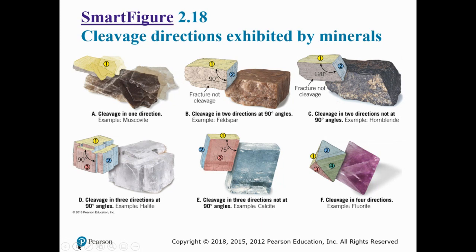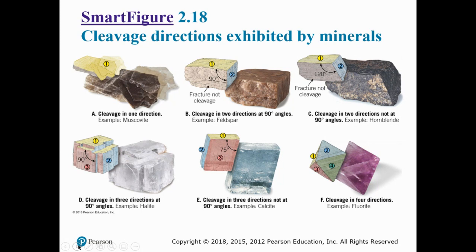You can see some other examples here. Cleavage in 2 directions at 90-degree angles. And basically this is the area in which they break. You've got feldspar with the cleavage in 2 directions at 90 degrees. You've got hornblende, and you can kind of see the cleavage there.